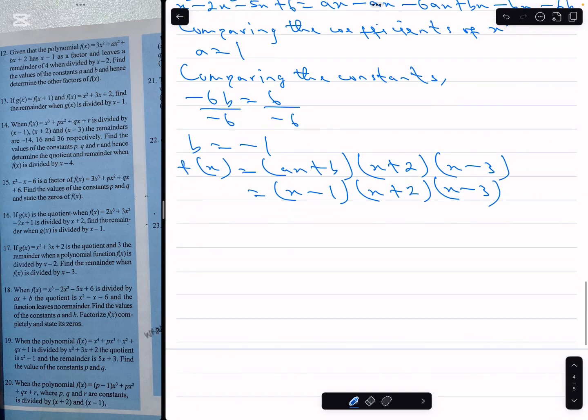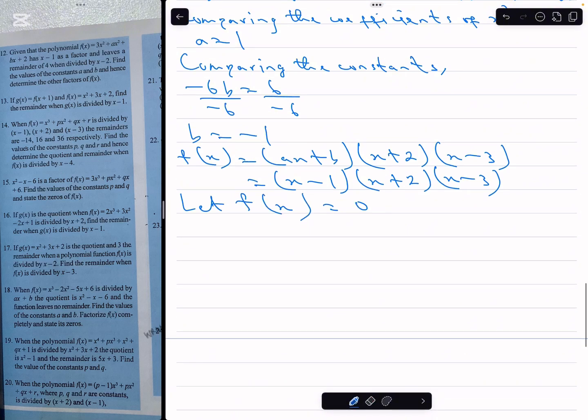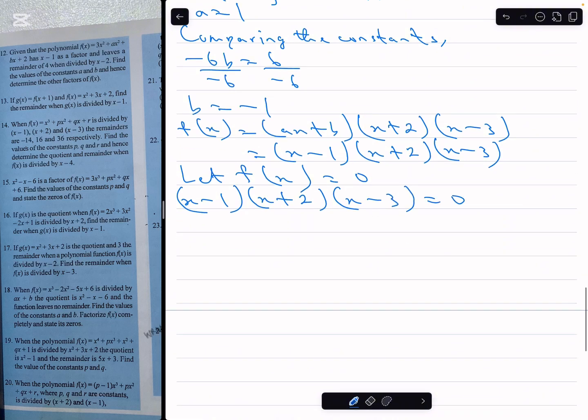And now to state its zeros, to state the zeros of a polynomial, you need to factorize it completely first. Now let f of x be equal to 0, and that simply means x minus 1 times x plus 2 times x minus 3 equals 0.